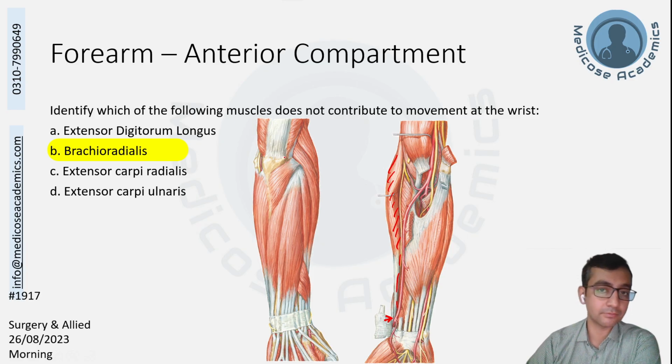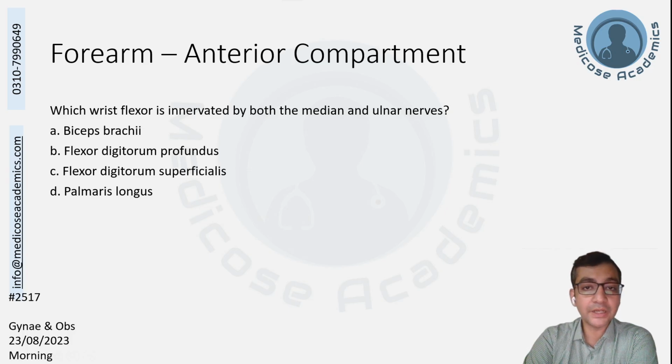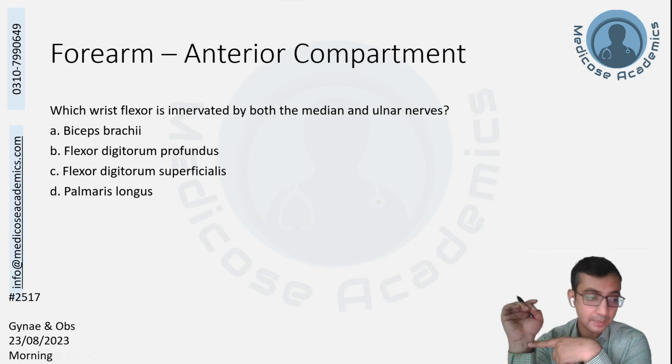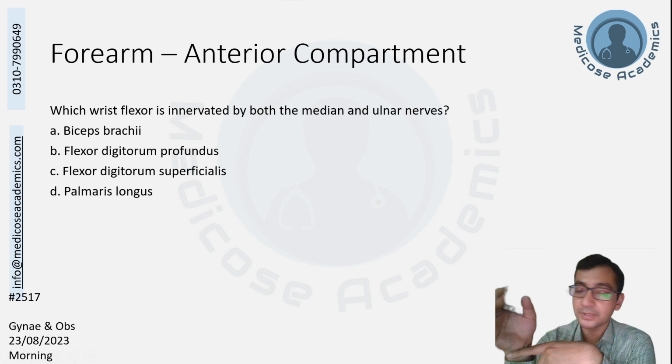And this is it. Which wrist flexor is innervated by both median and ulnar nerve? Wrist flexion is chiefly done by the flexor carpi radialis, that in addition to flexion causes radial deviation, and flexor carpi ulnaris. Flexor carpi radialis is supplied by the median nerve, and flexor carpi ulnaris by the ulnar nerve.